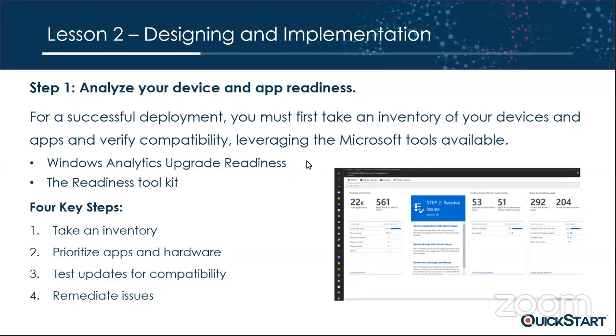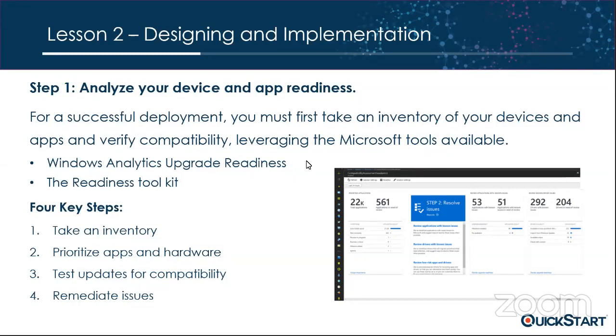The second tool is the Readiness Toolkit, which can help you identify compatibility issues with your VBA macros and add-ins that you're using within Office. Macros are the normal term if you're using Excel, and add-ins are normally used in the Office environment, that is Outlook.